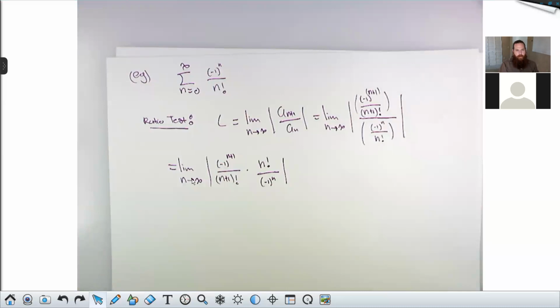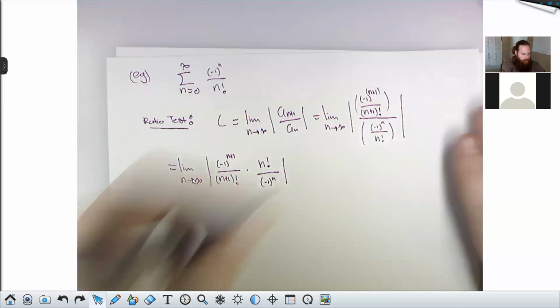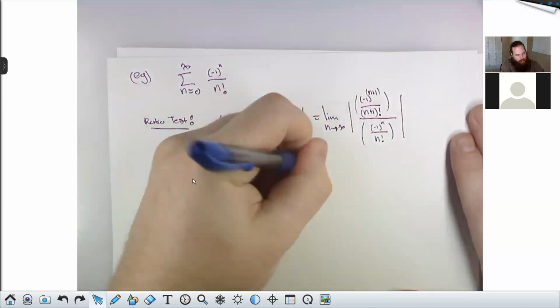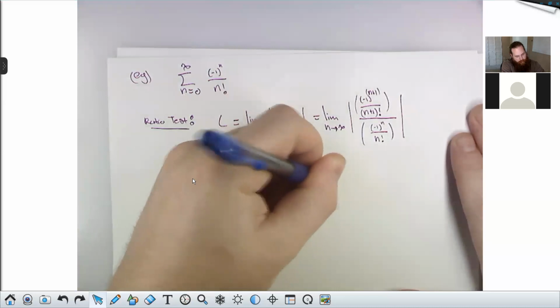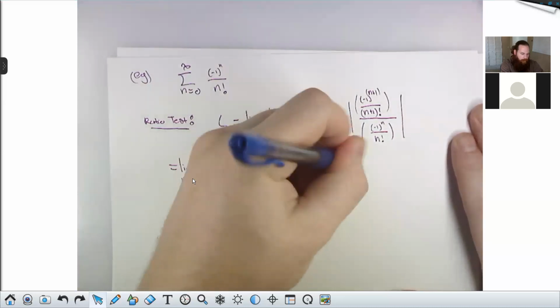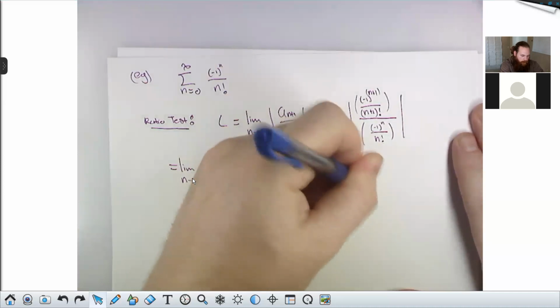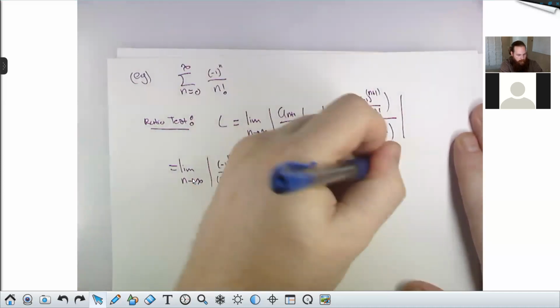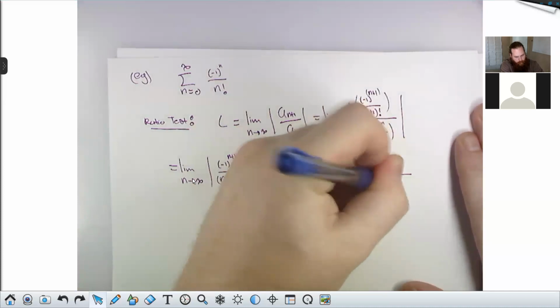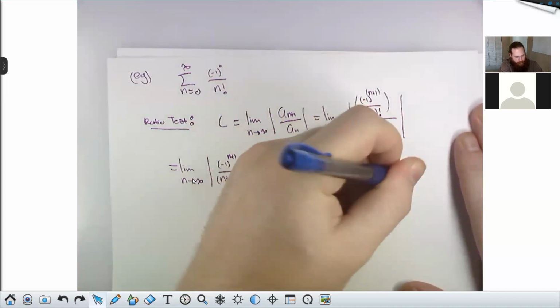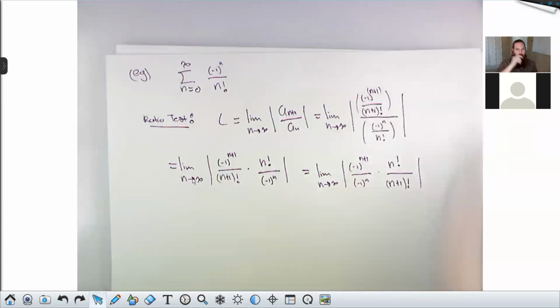I'm multiplying two fractions, so I don't have to worry about common denominators or any of that stuff, but I'll put the (-1)^n stuff and the n factorial stuff together. So I get the limit as n goes to infinity of the absolute value of (-1)^(n+1) over (-1)^n times n factorial over (n+1) factorial. All in absolute values. Don't forget the absolute values, they're important.